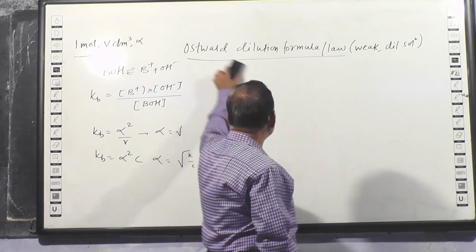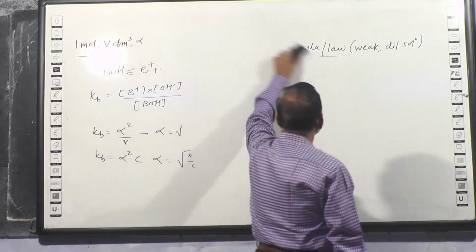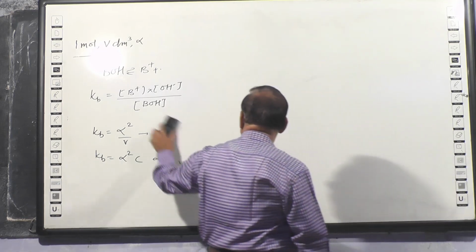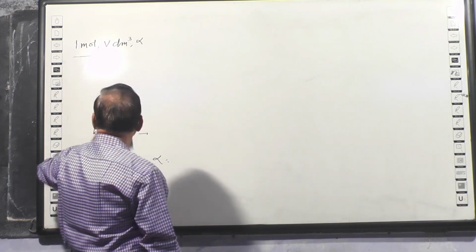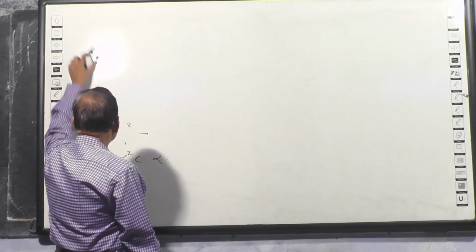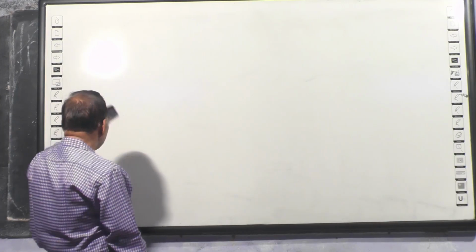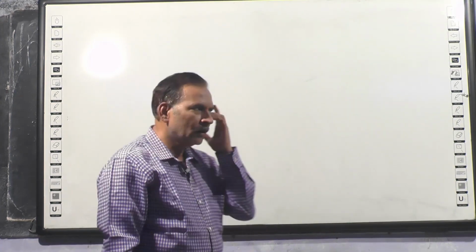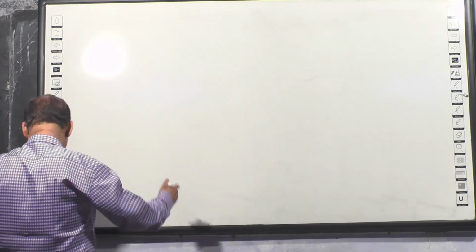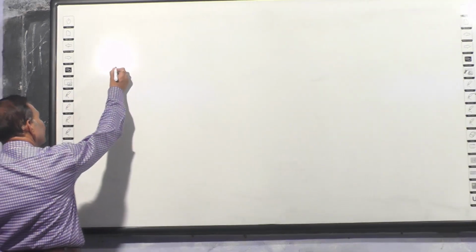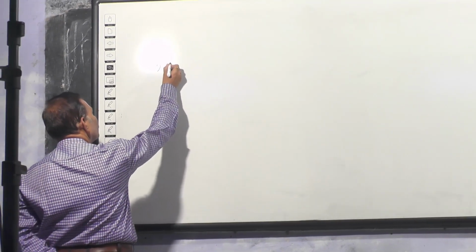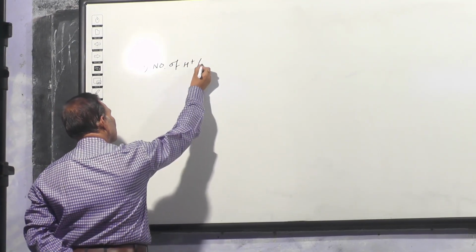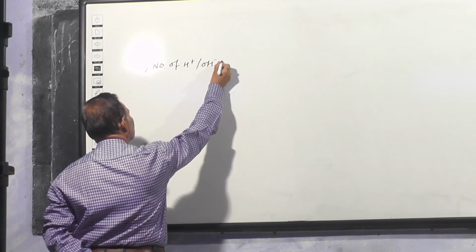Now with the help of this, we have come across 3 different concepts up till now. The first concept was, as far as the acid base theories are considered, the number of H plus or OH minus ions.